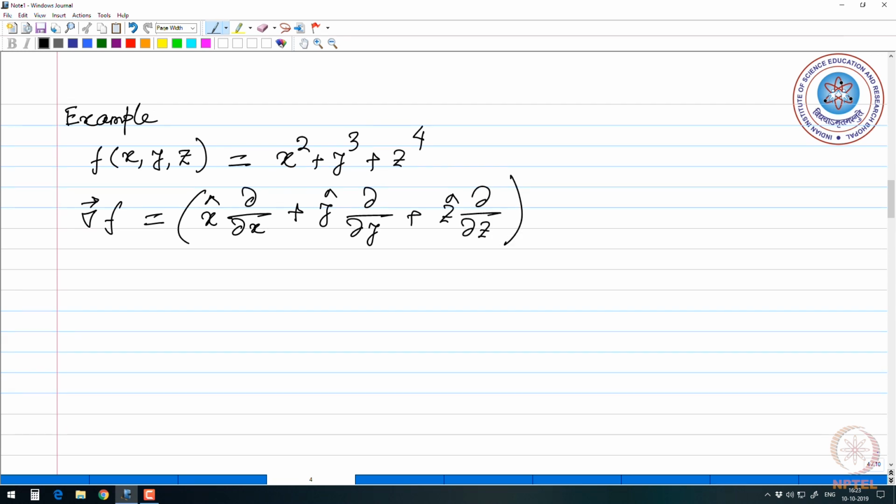This is the gradient operator, and this operator is operated on the scalar field, x square plus y cubed plus z power 4.